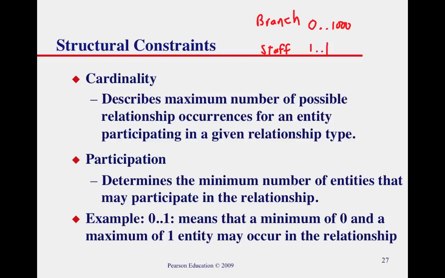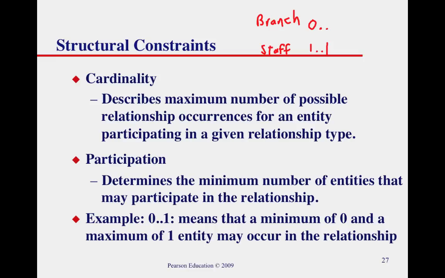So on the staff side, the minimum is at least one branch it belongs to, and a staff would belong to at most one branch. In that same relationship, a branch could have as few as 0 and as many as 1,000 staff.